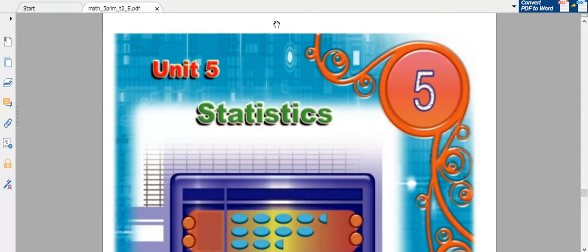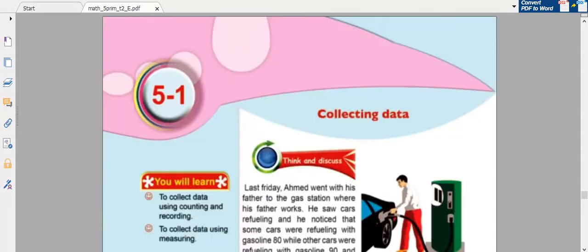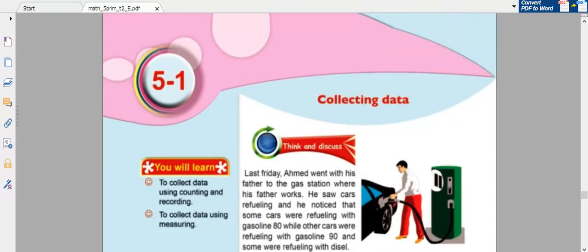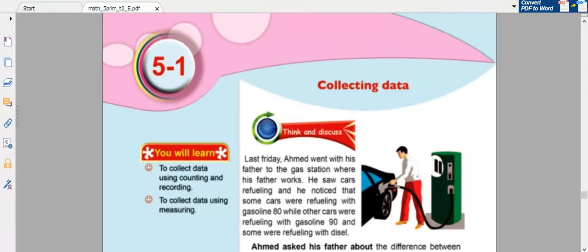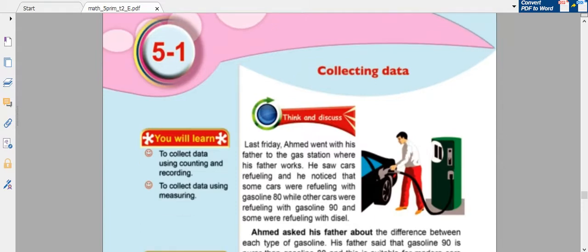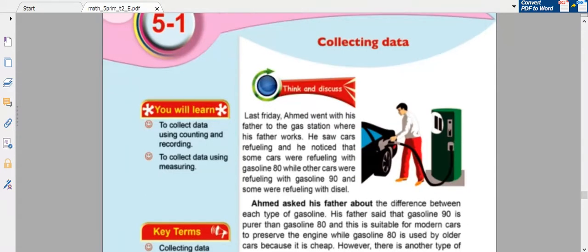Let's start with our first lesson on our last unit, collecting data. This lesson is very easy and very joyful. We will use our pencil to note the data we will notice, or the data we will record from the experience we will go through.